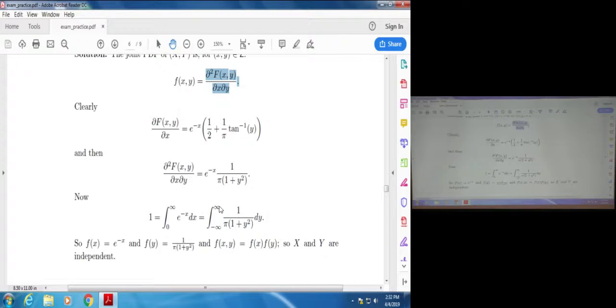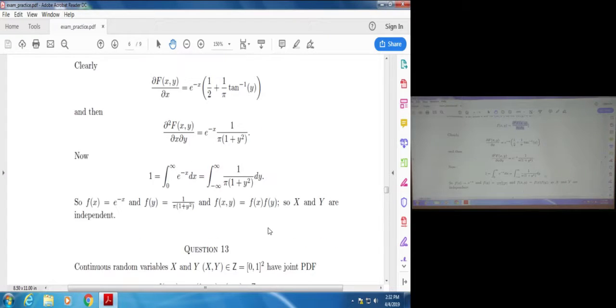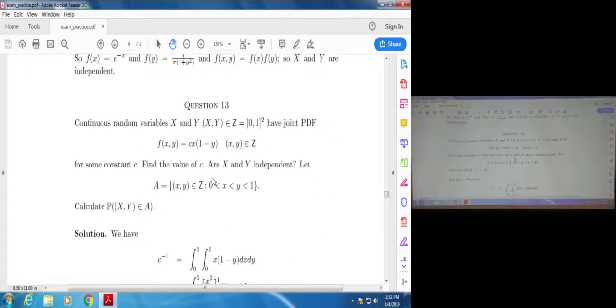The integral between minus infinity and infinity of 1 over this thing again integrates to 1. You know the integral, by the way, because this is the derivative of this. So basically f_X of x is this, f_Y of y is this, and f of x, y is the product. So x and y are independent. It should be fairly straightforward.